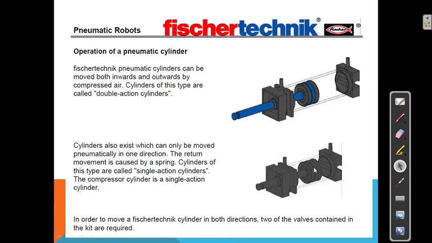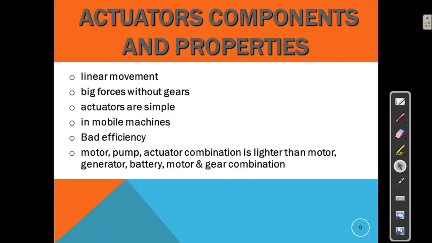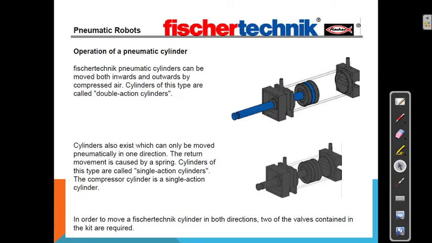And this one is the pneumatic cylinder. The operation of a pneumatic cylinder: here it's a Festo pneumatic cylinder. It can be moved both inward as well as outward by the compressed air.